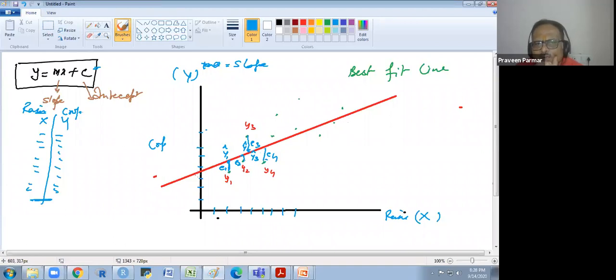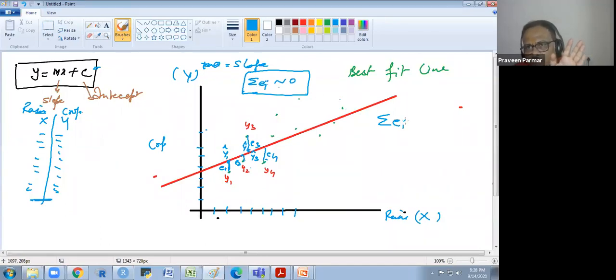We have to fit the line where the summation of Ei should be near to 0. But there are two possibilities of getting this summation equal to 0.